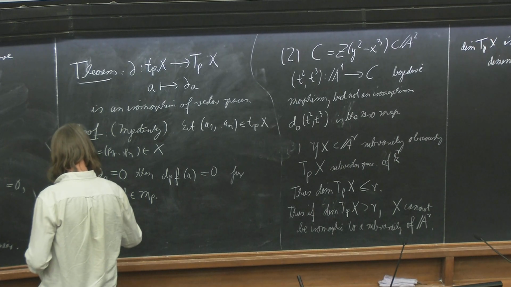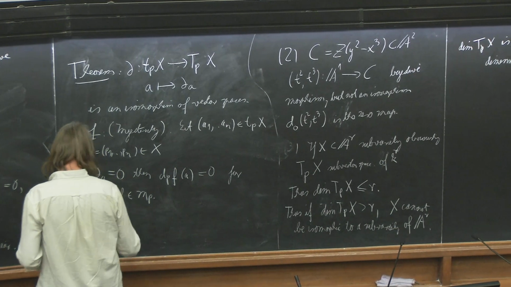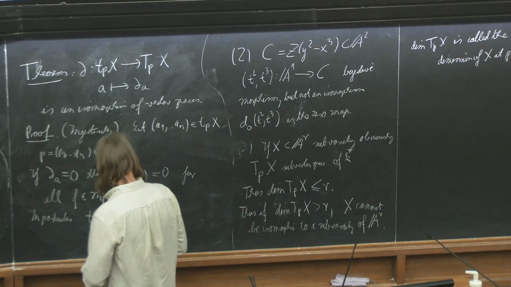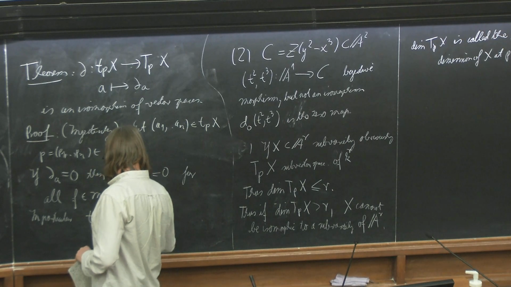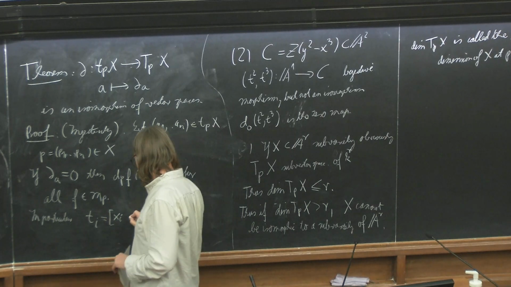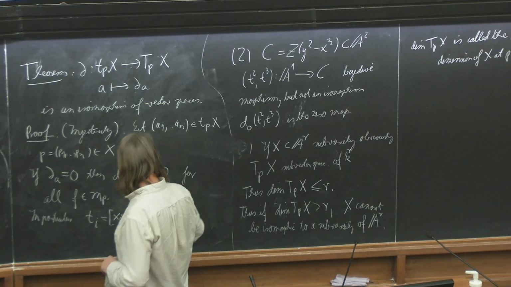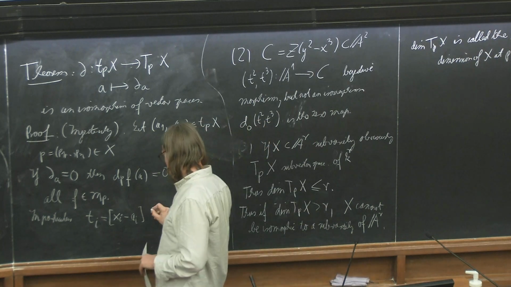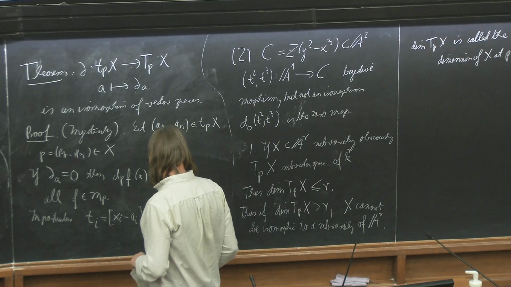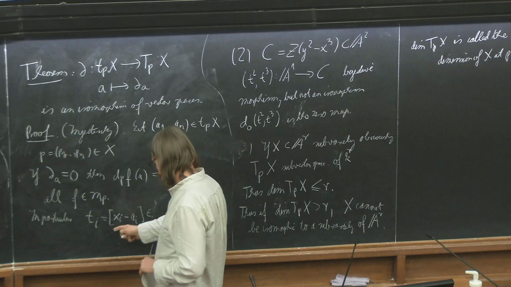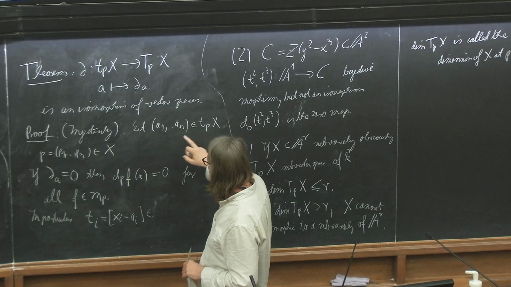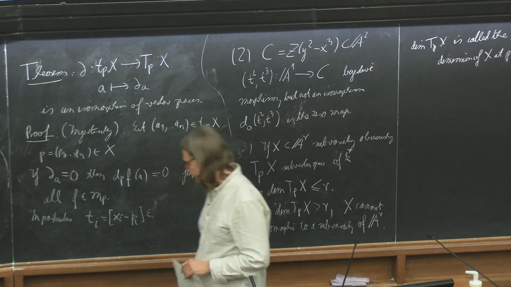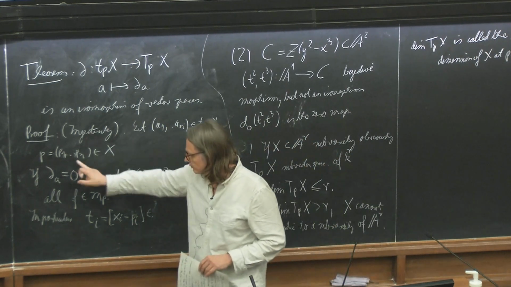In particular, let's say I put Ti to be the class in AX of the variable xi, so the coordinate function xi, minus the ith coordinate of P. So this is an element of AX. Sorry, pi is the ith coordinate of P.